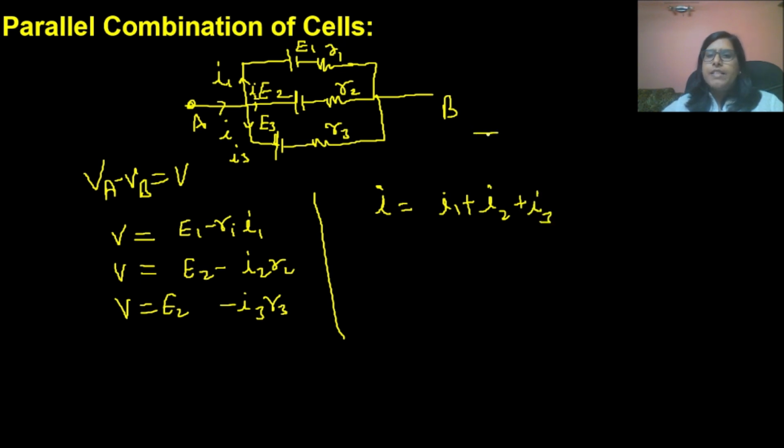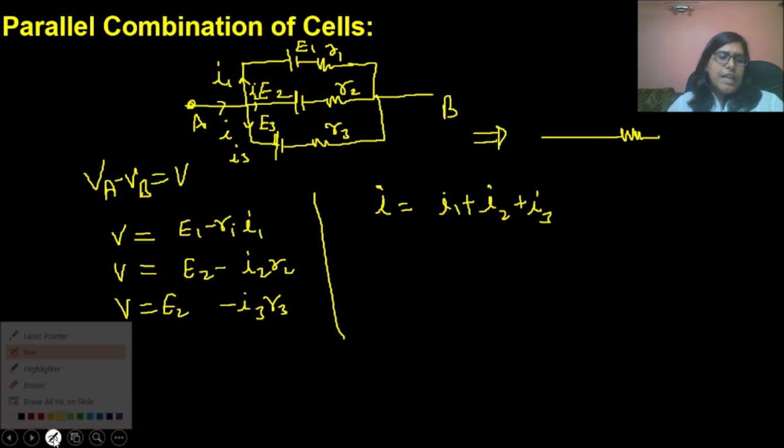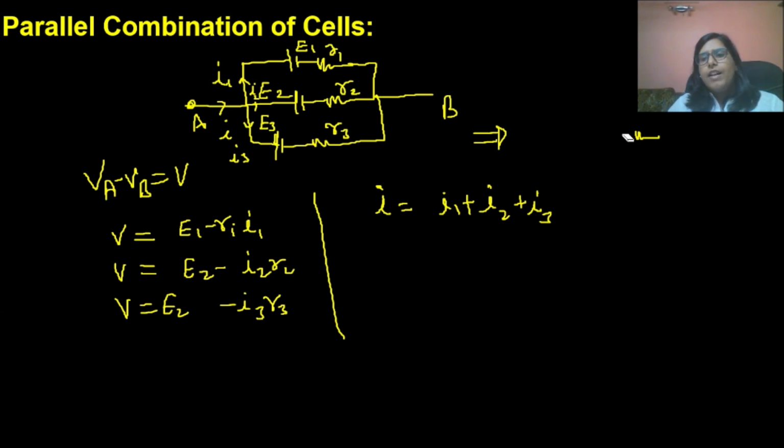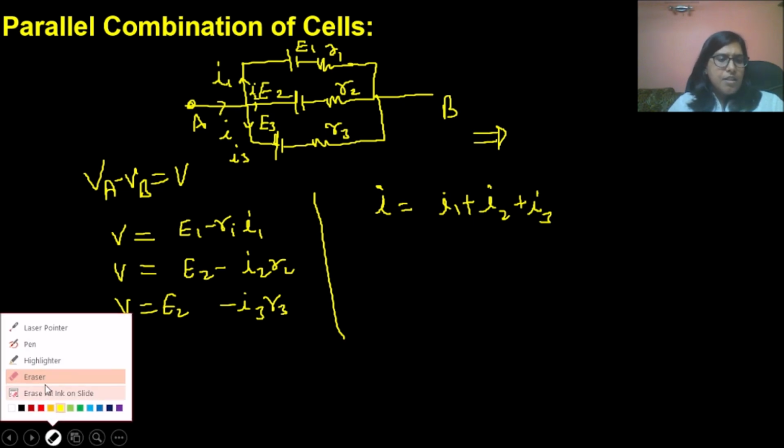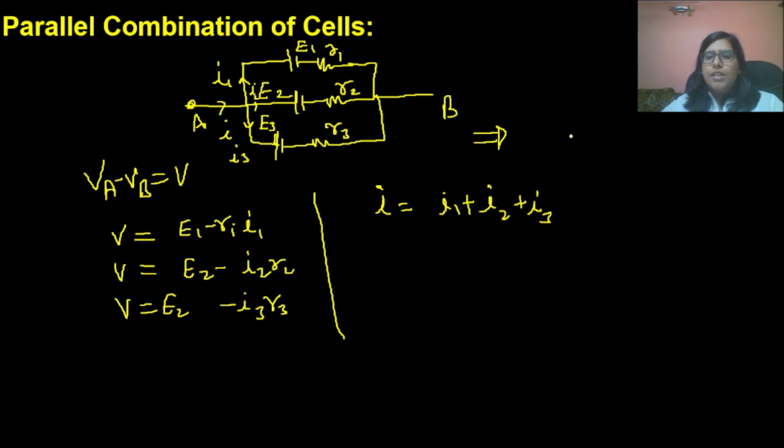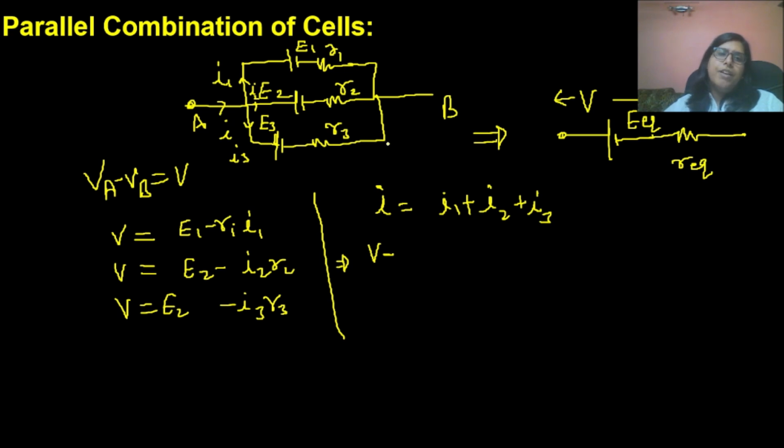And if we replace this circuit with an equivalent circuit, with equivalent EMF EQ and equivalent resistance R EQ, then the total voltage across this equivalent circuit will be V, that is VA minus VB.